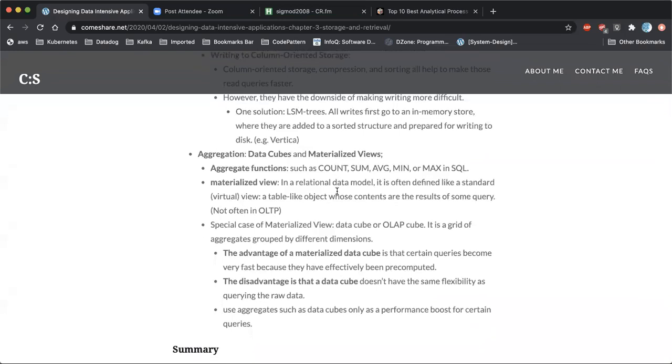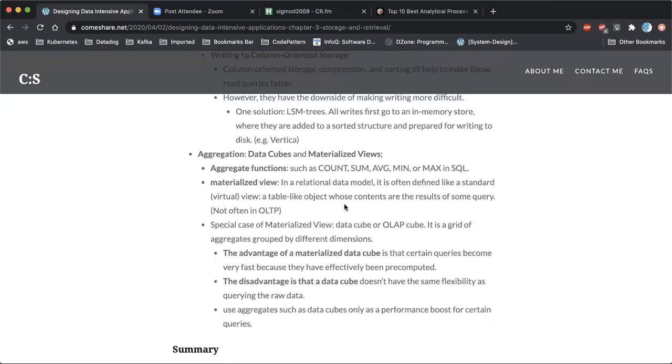Aggregation. Okay. I think he talked about data cubes and materialized views. I think most people would have used views in an RDBMS, right? Where you have a query behind it, and whenever you query the view, the query behind it is run, and this view is created for you.